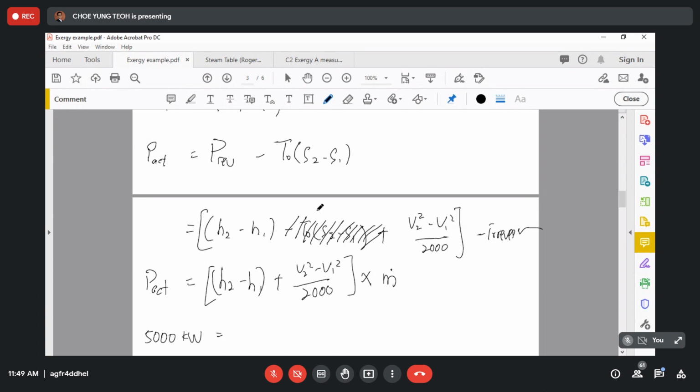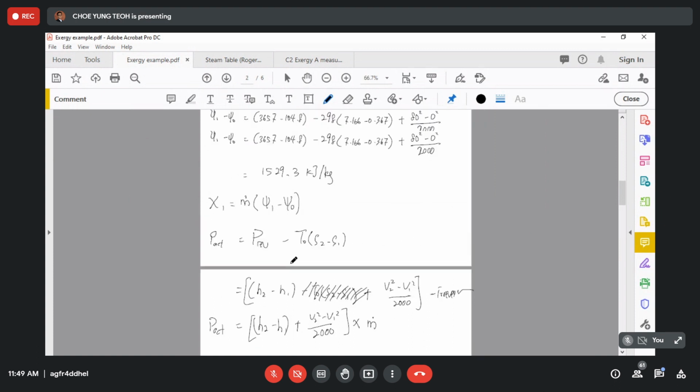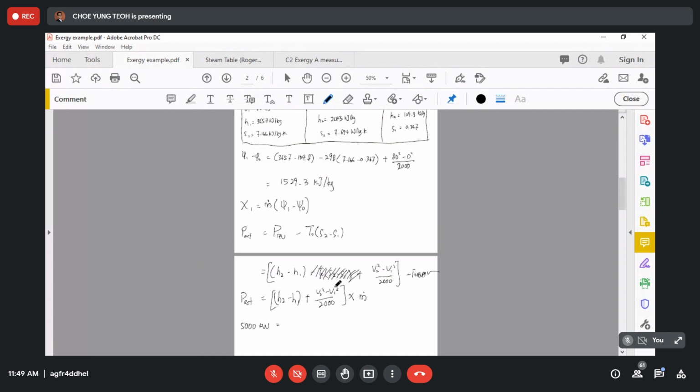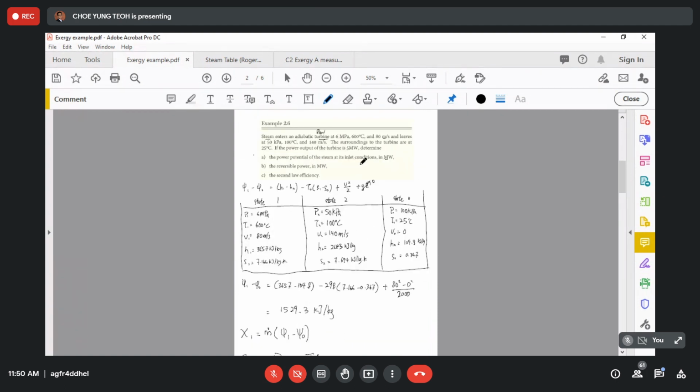Okay, then I write in the values that I have. H2 minus H1: H2 is 2683 minus H1, 3657, plus V2, V2 80 and 140.